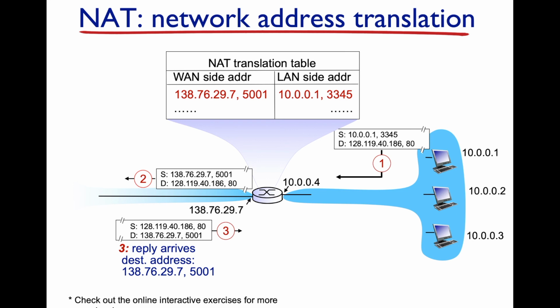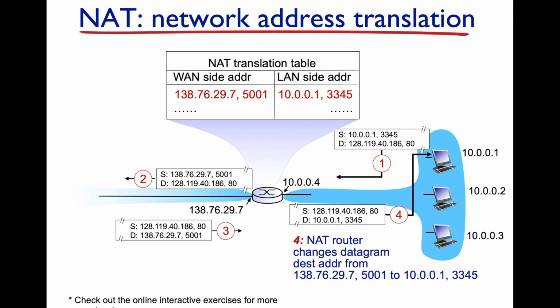So it looks up in that NAT translation table on the wide area side, looks up that port number and says, aha, that is associated with address 10.0.0.1, port number 3345. So it rewrites that and pushes it onto the local area network or home side of the network, and it makes its way to the correct machine. And this all happens seamlessly, this populating of the network address translation table.